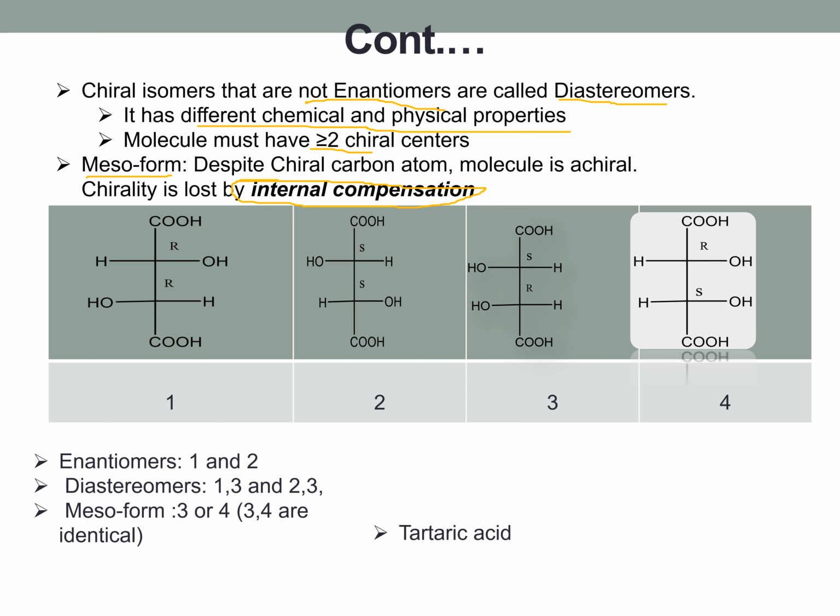First, take the example of structures 1 and 2 of tartaric acid. Structure 1 is the mirror image of structure 2. Similarly, structure 2 is the mirror image of structure 1, but these are not superimposable. Hence, these isomers of tartaric acid are enantiomers.